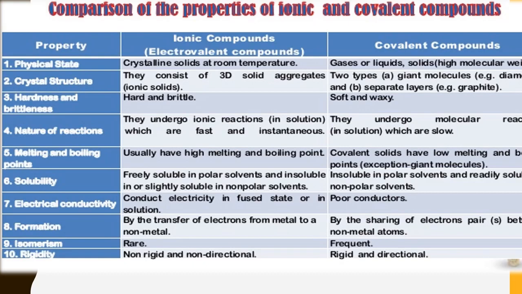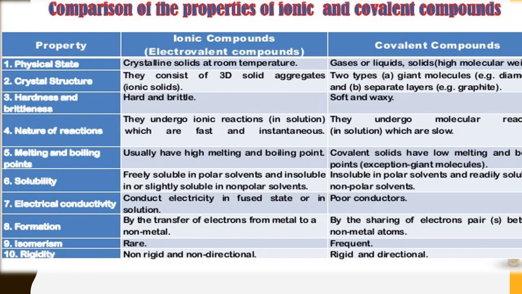Usually ionic compounds have high melting and boiling points, but covalent compounds, solids have low melting point and boiling point also, exception giant molecules. Solubility. Ionic compounds are freely soluble in polar solvents and insoluble or slightly soluble in non-polar solvents. Covalent compounds are insoluble in polar solvents and readily soluble in non-polar solvents.